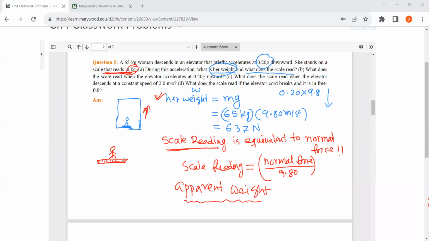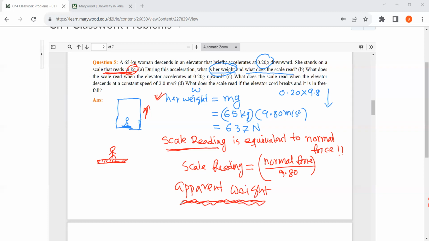The bottom line to remember is that the scale reading is basically equivalent to the normal force, although to get the scale reading, we have to divide it by 9.80. We call this normal force the apparent weight, because this is the thing we see.